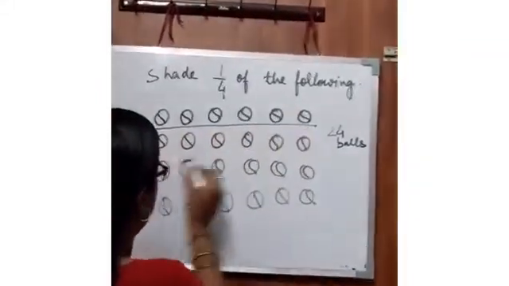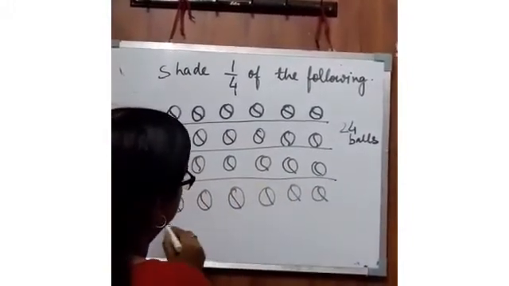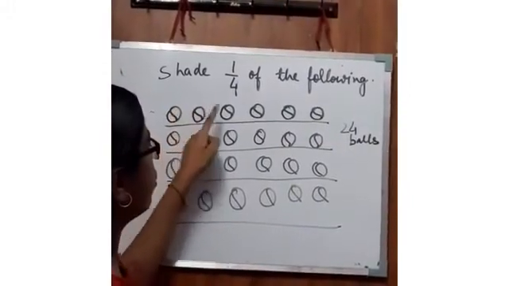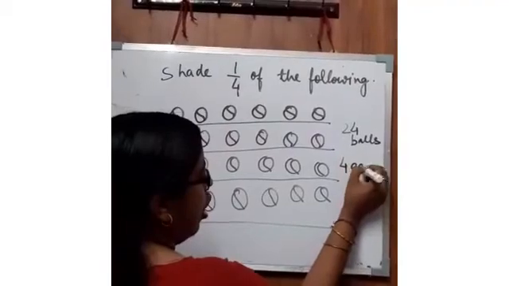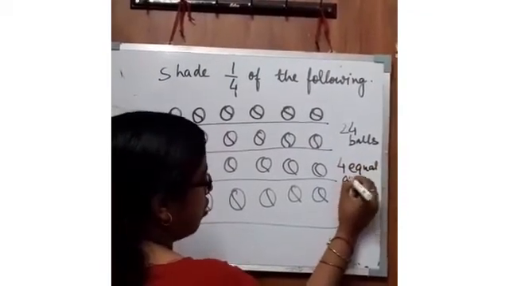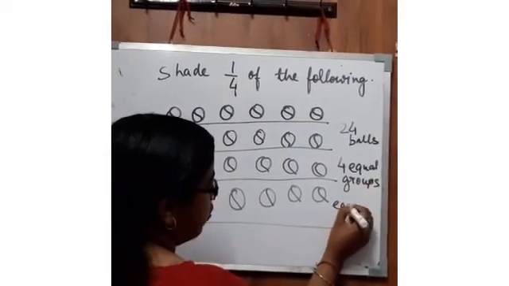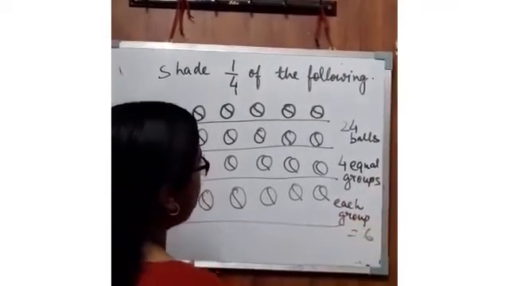1 group, 2 group, 3 group, 4 groups. And in each group how many balls are there? 1, 2, 3, 4, 5, 6. So 4 equal groups, each group has 6 balls.